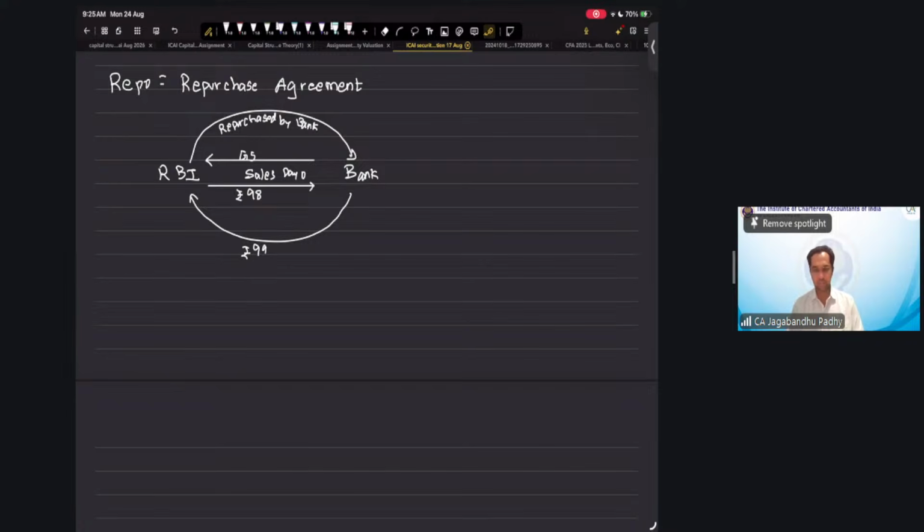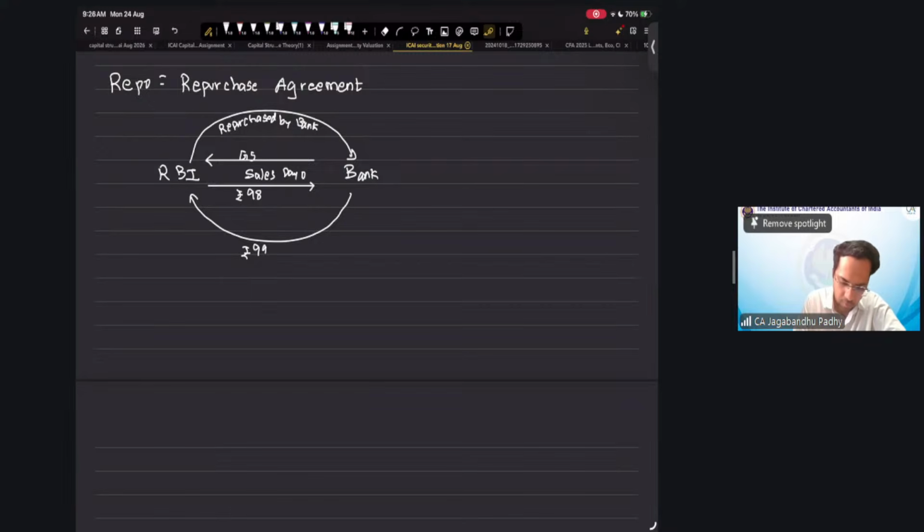You receive that 98 and you pay back 99. That's the interest. So that's your typical repurchase agreement that we have.